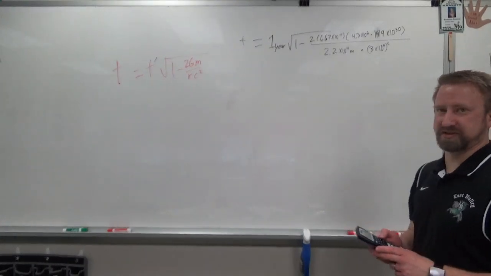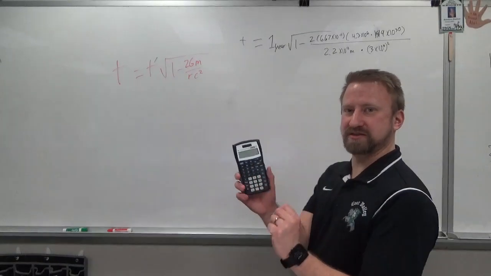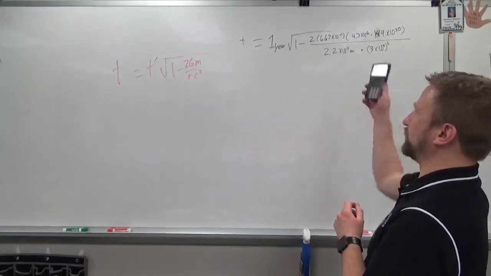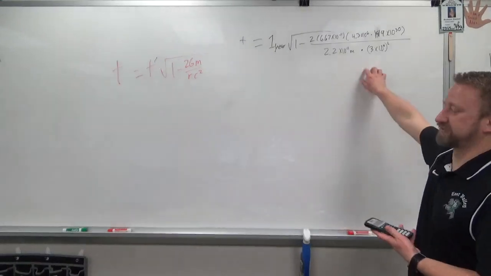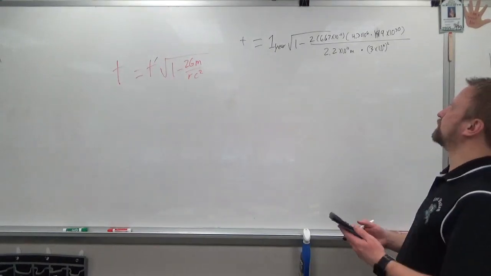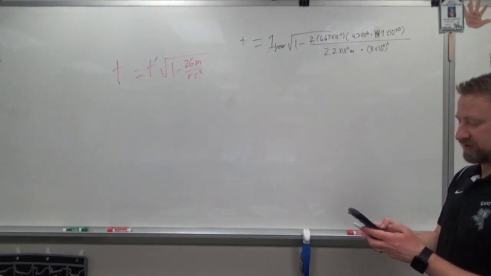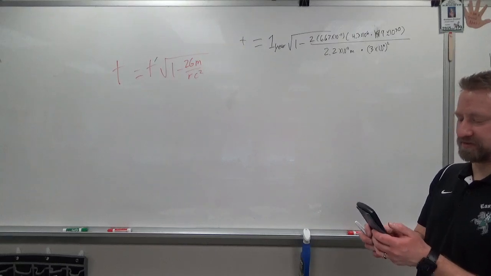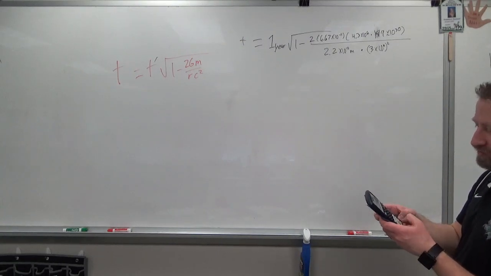Deciding how to best do this. If you want to see me pushing the buttons, or just simplifying there so you can check along. How about we simplify here as we go? Okay. I'm going to start by simplifying this top part down. I'm going to start with 6.67 times 10 to the negative 11th times 2.